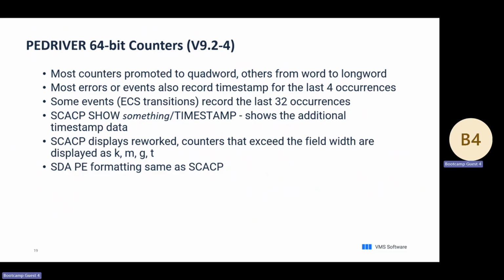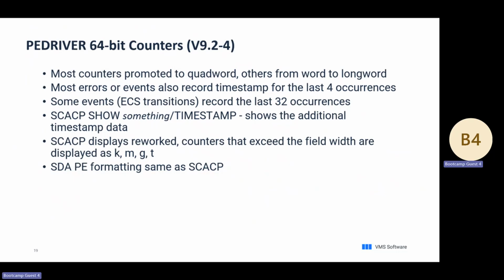Well, let me first go through this part of it here. If the counters exceed the field width, the counter would be reduced, and a K, M, G, or T would be listed at the end of the counter, just so that the counter value fits inside the field. That's just done as needed.